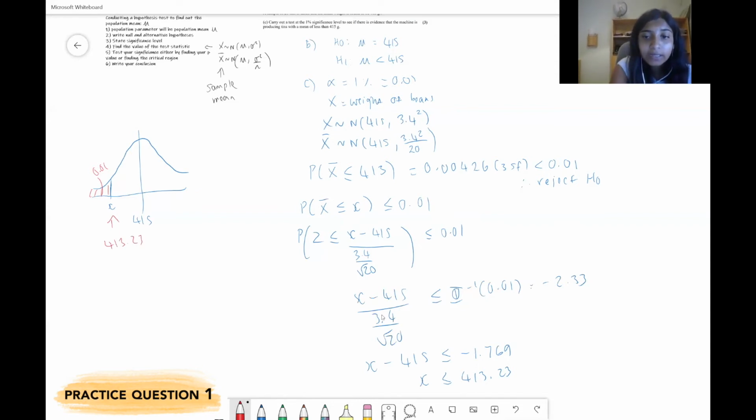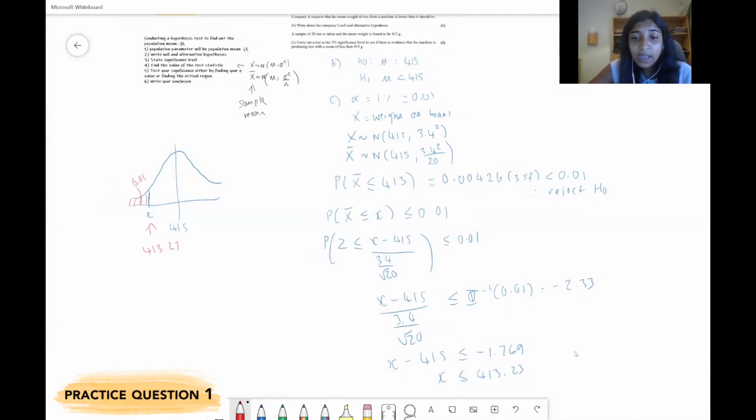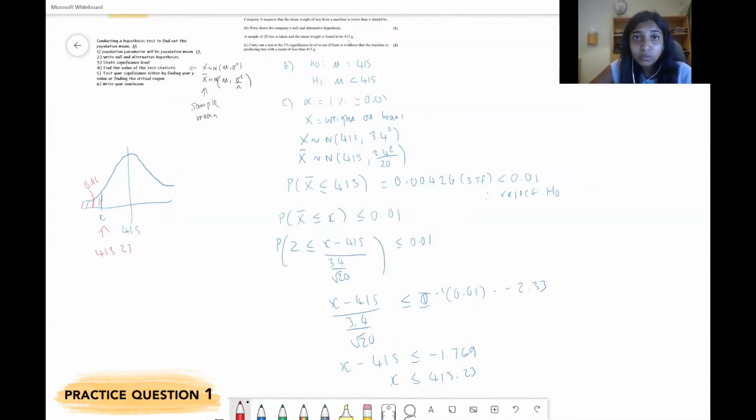So we have this value here, around 413.23, that's fine. Now we want to see what the value that they gave us is, and the value they gave us was 413. So 413 is less than 413.23.